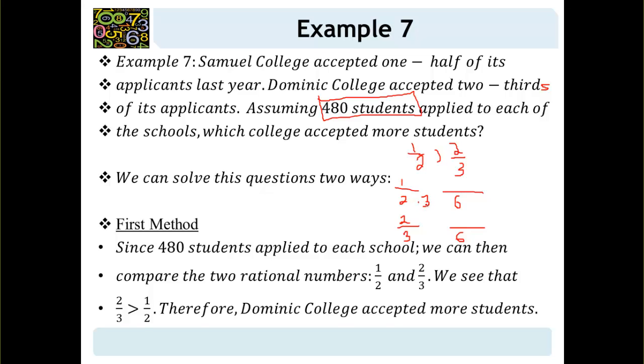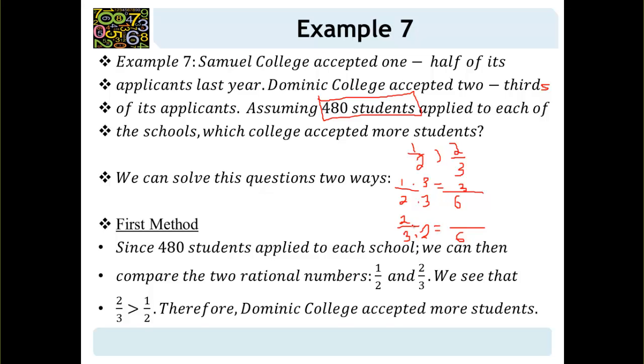Whatever I do to the denominator, I also have to do to the numerator. So 1 times 3 is what? 3. So 3 out of 6 is the equivalent fraction of 1/2. Now you come over here. What will you do to 3 to give you 6? You multiply by 2.